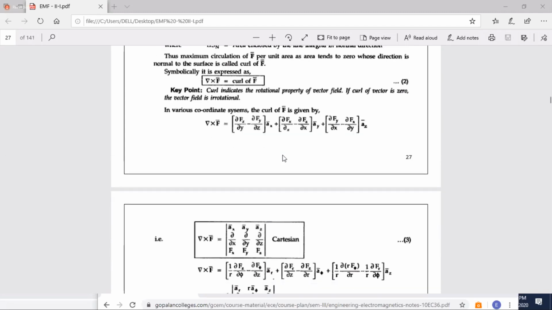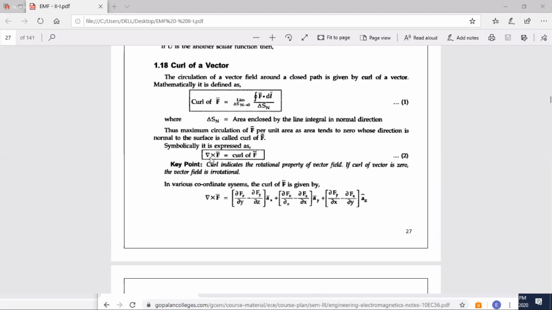And the definition for that is this. Del cross F, okay, del cross F equals the curl of F. So del cross F, as we did before when we did the example on the cross product, A cross B, right?